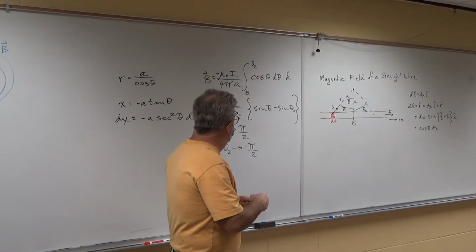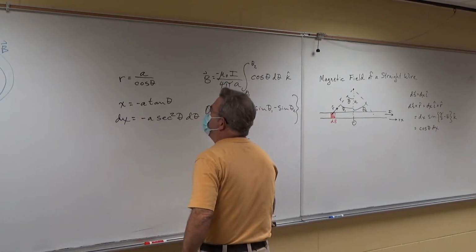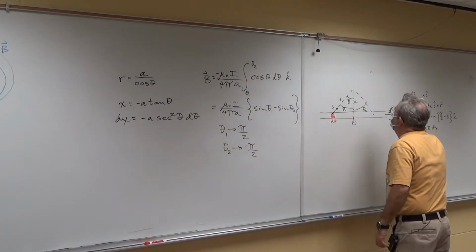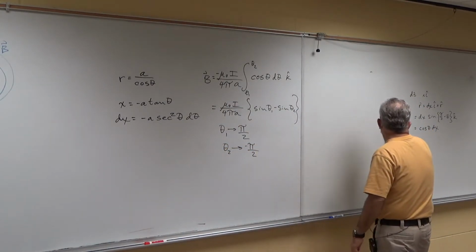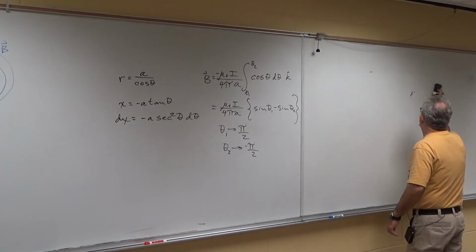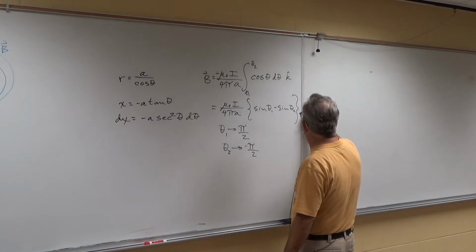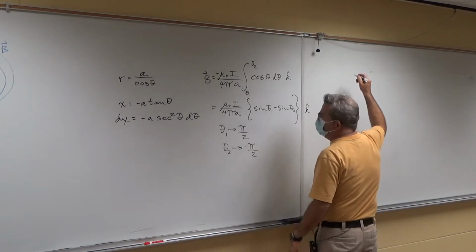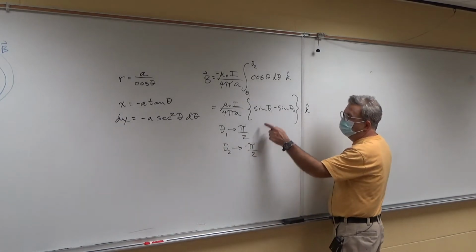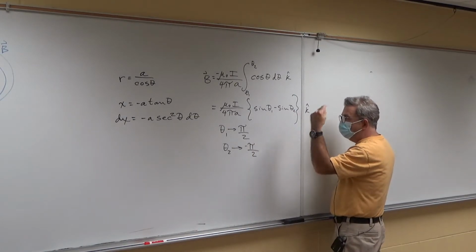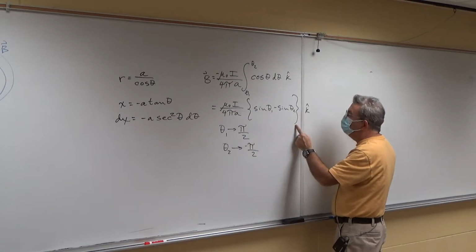then B, and I'm going to write that as a magnitude, I forgot k hat. Sine of pi over 2 is 1. Sine of negative pi over 2 is negative 1. This term becomes 2.